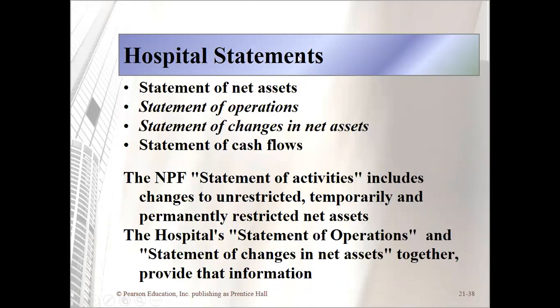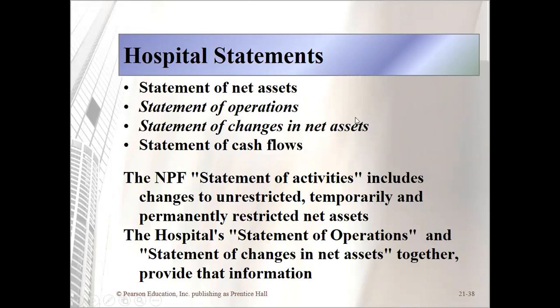All right. Next are the hospital financial statements that we have to prepare. So as said, we have the statement of financial position. Then the statement of operations instead of the statement of comprehensive income, or the income statement plus the other comprehensive income. Then we have the statement of changes in net assets, meaning we do not combine the two.